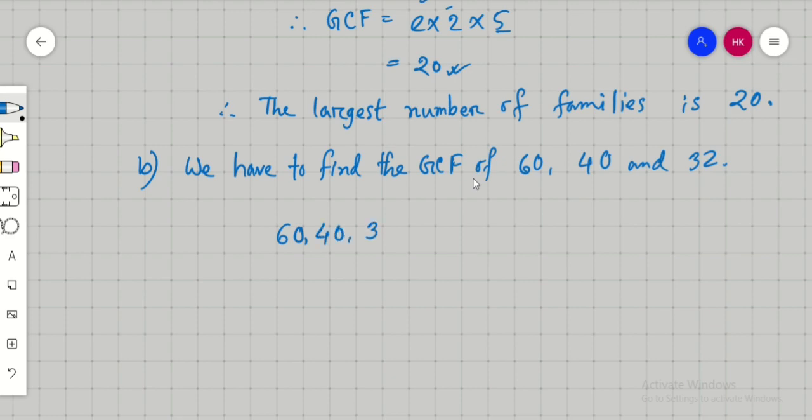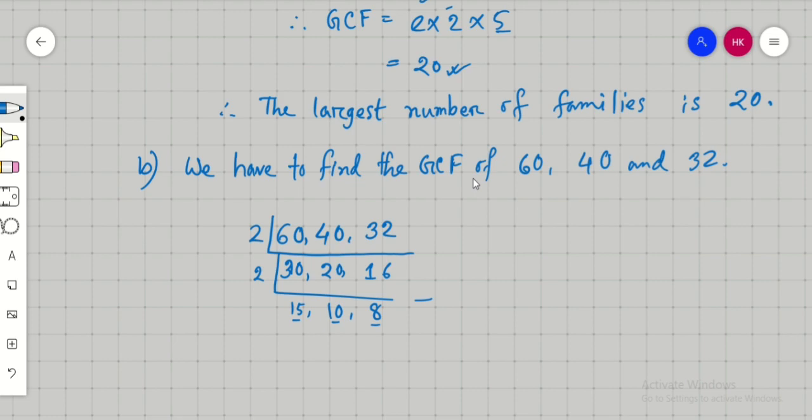So how can we divide? We can write it just like the Euclid method, and then we divide by 2. We will get 2 30s are 60, 2 20s are 40 and 2 16s are 32. Again we divide by 2. 2 15s are 30, 2 10s are 20 and 2 8s are 16. Now can we divide 15, 10 and 8 by 2?